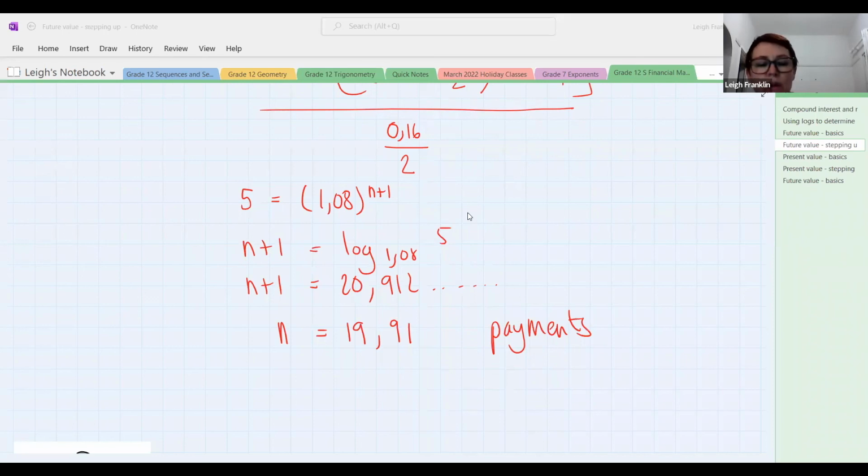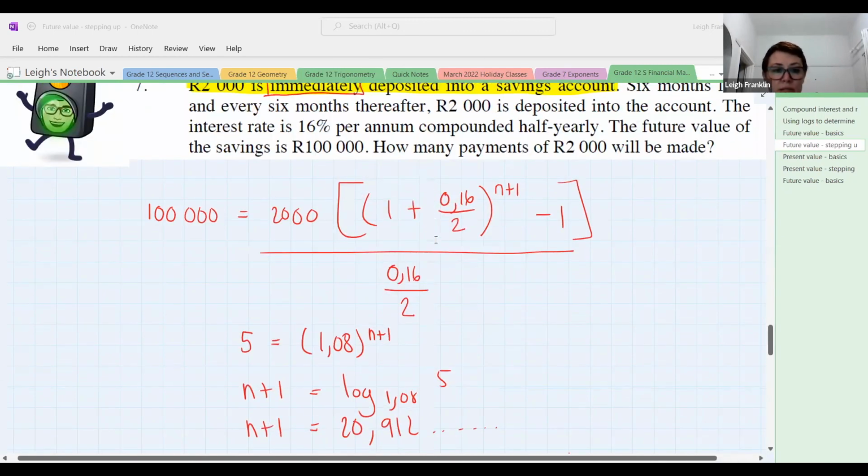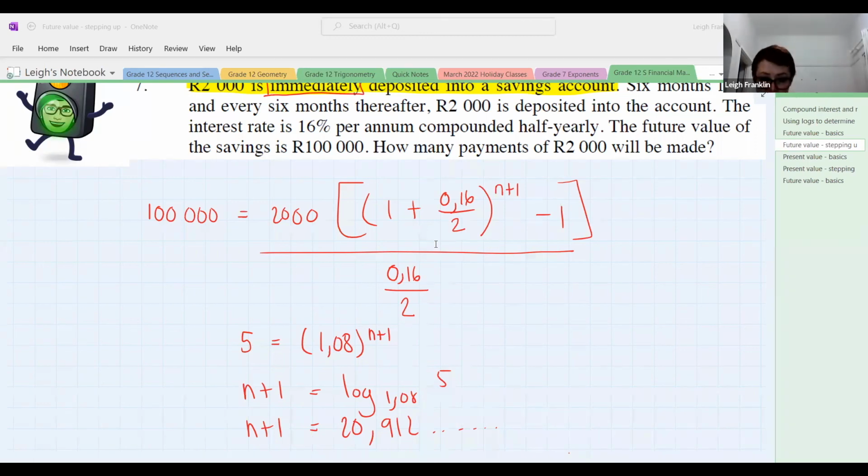Oh, so that's how you got n was 20. Yes, that's what I thought you did. Absolutely. Because if we made 19 payments of 2,000 Rand, we could go back and work it out. I think we would be short in this case. So I'm going back and substituting the 19, so that we can see what we'd get if we made 19 payments.